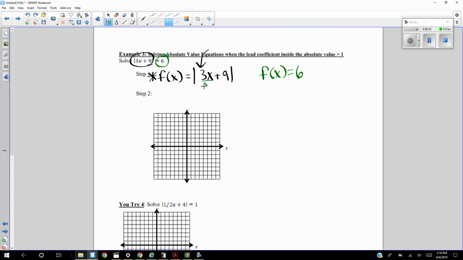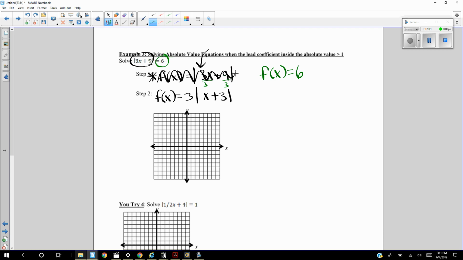So I'm basically just dividing the first term and the last term by that lead coefficient. And then I'm going to mark out the original problem just to show that we're not really looking at that anymore. So now we can graph 3 times the absolute value of x plus 3.